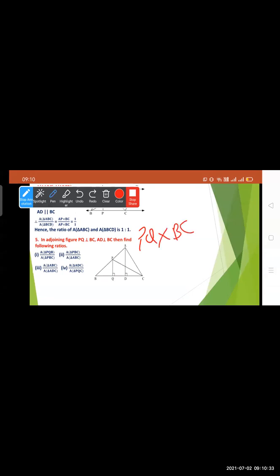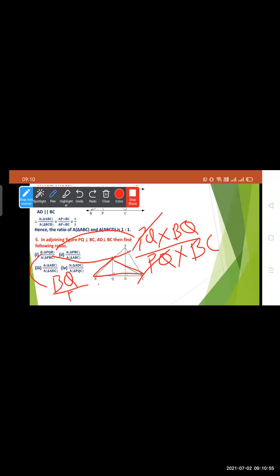First this condition. Now for PBC, again we write PQ is the height and BC is the base. So here PQ gets cancelled. So we get the final answer BQ by BC. Simple. Now second one. Second, PBC. We consider PBC.